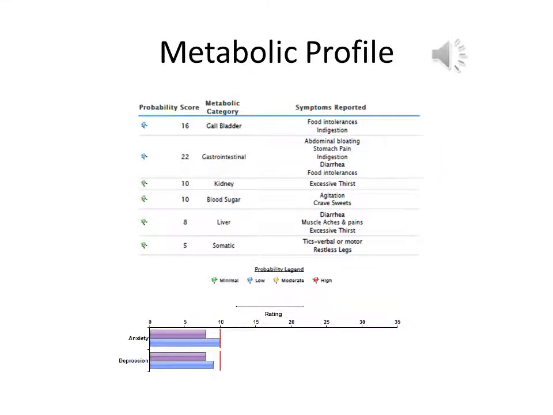Here is the metabolic profile of that person with a lot of long-term stress, and you can see that they're starting to show gastrointestinal and gallbladder problems, even though their anxiety and depression is still pretty low and not showing any clinical significance.